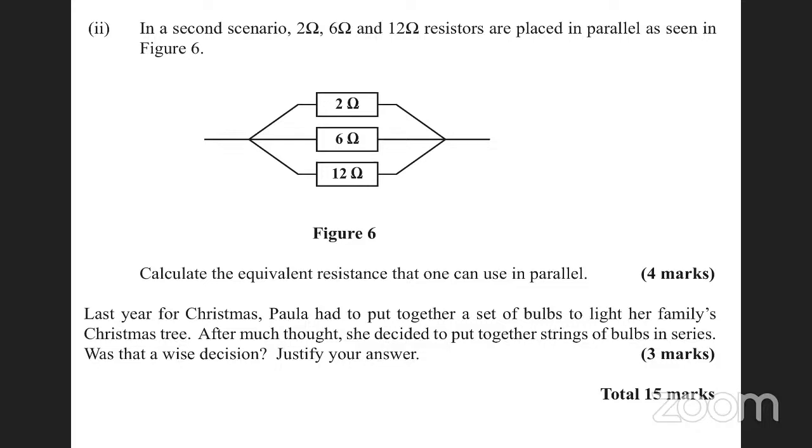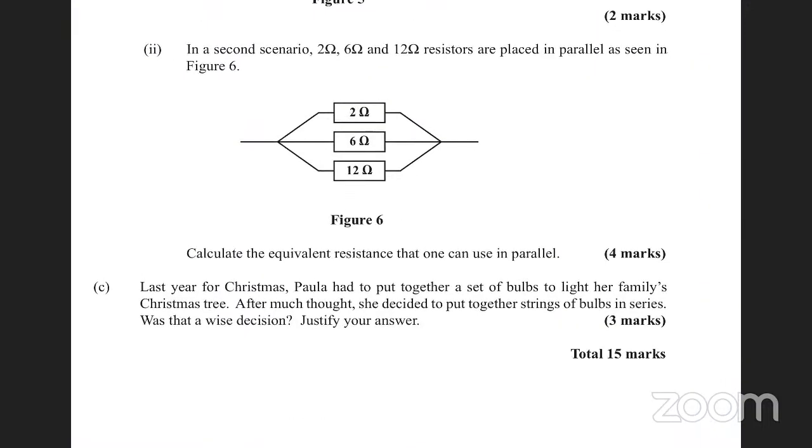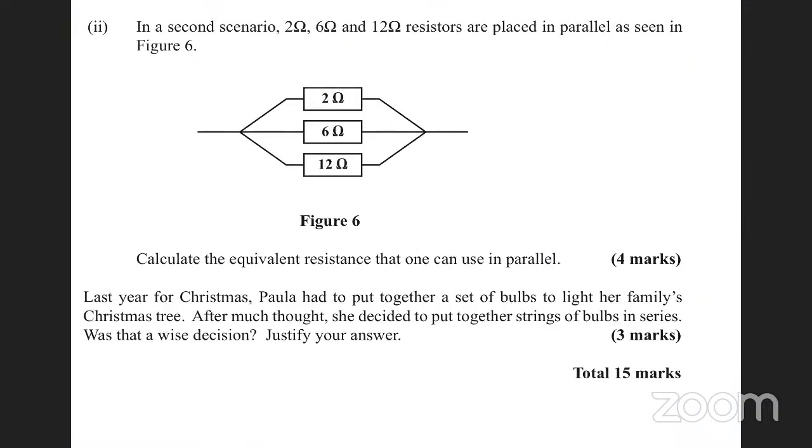Right. Attilia. Yes, Attilia. How do you find the resistance? What type of circuit is that? Parallel. How do you find resistance in parallel? 1 over R is equal to 1 over R1 plus 1 over R2. 1 over 2 plus 1 over 6.